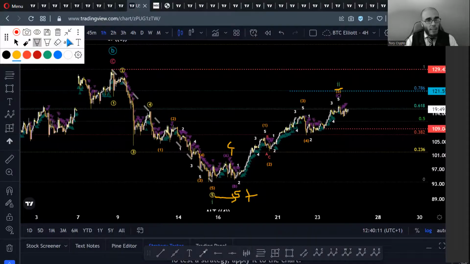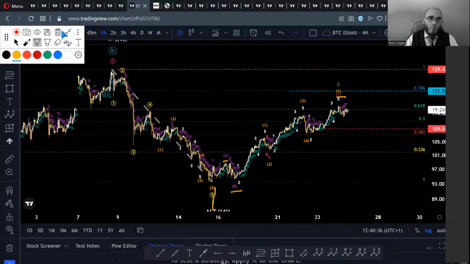But the thing is that I need to count this in some kind of corrective manner. And a corrective manner means that there should be an A, B, C. So in order for me to do that, I considered that wave 5 ended here.